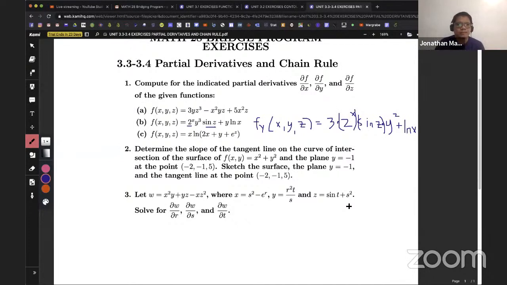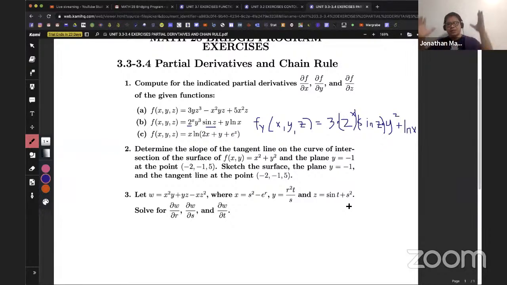Again, basahin ko yung problem, or interpret ko rather yung problem. You have a surface given by the equation f of xy equals x squared plus y squared. We've already seen this function a while ago. We know that the graph of that function is a paraboloid. Okay?